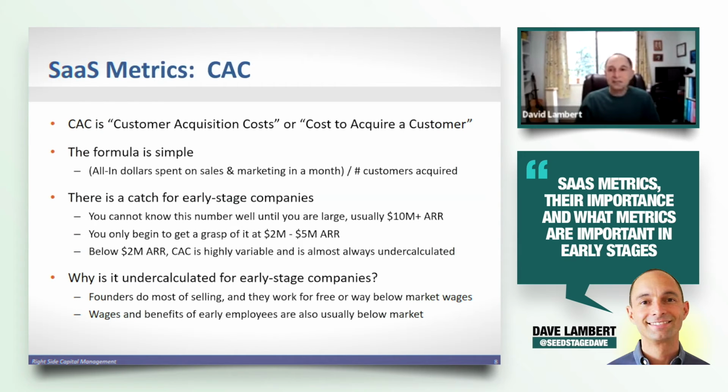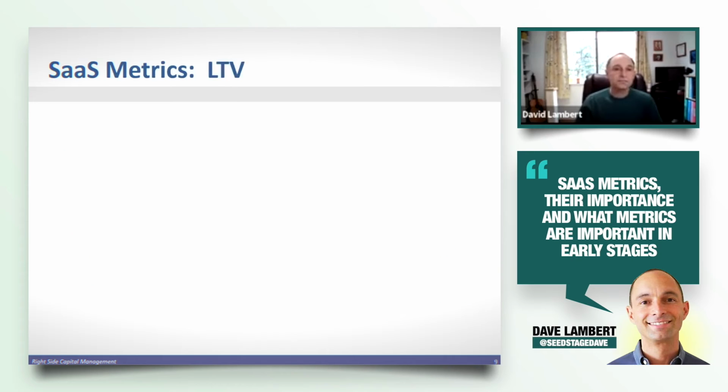Well, I can guarantee you that if I fast forward 3 years from now and nothing else changes, my CAC might go from $3,000 to $5,000 or $6,000, because those employees working in the sales and marketing departments are going to be paid much closer to market value salaries. So ultimately, you want to understand how to calculate CAC from the get-go, but don't get too focused on it until you start to get to larger ARR numbers.